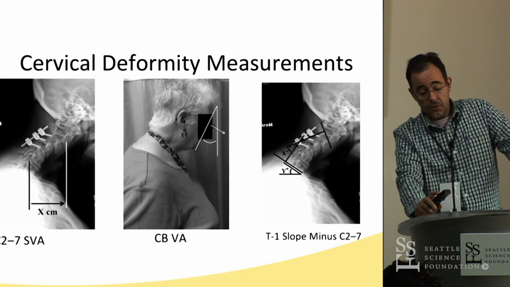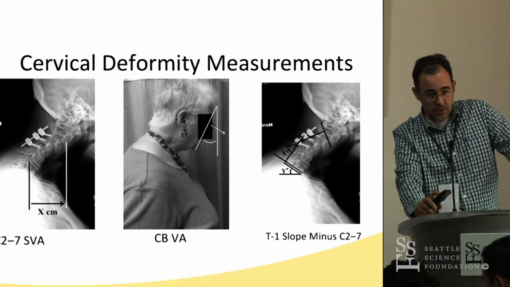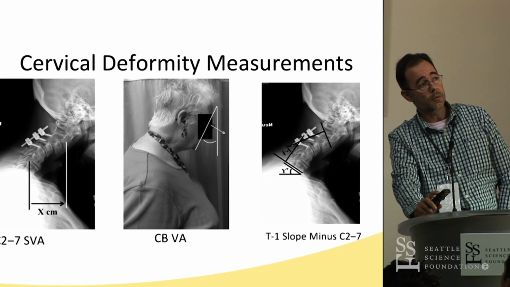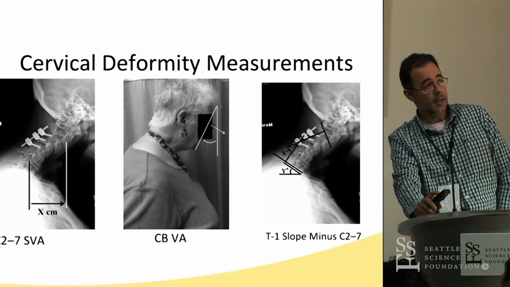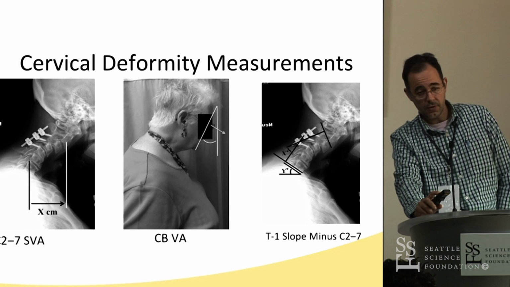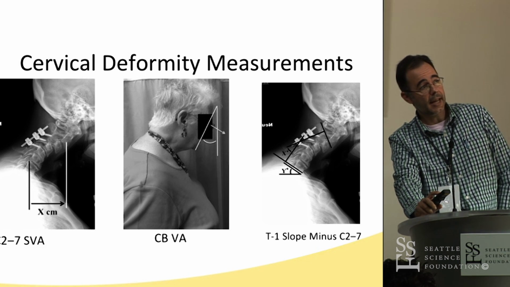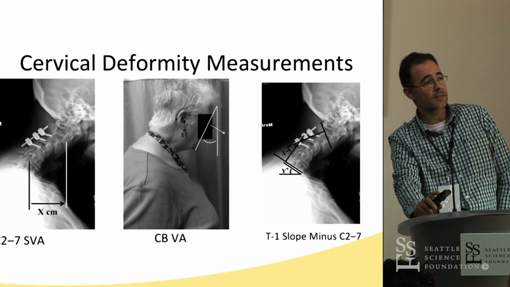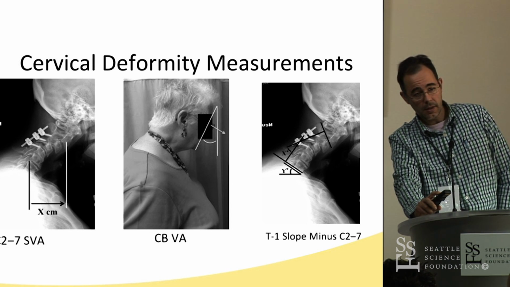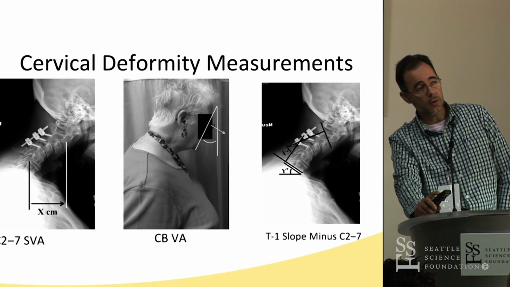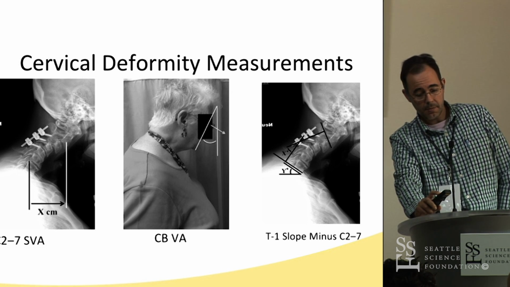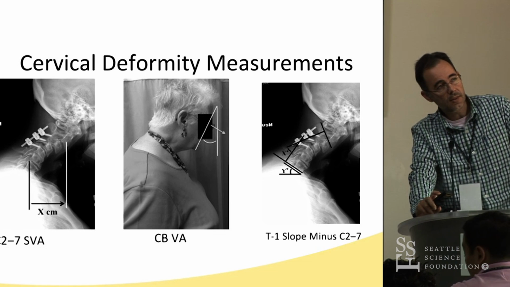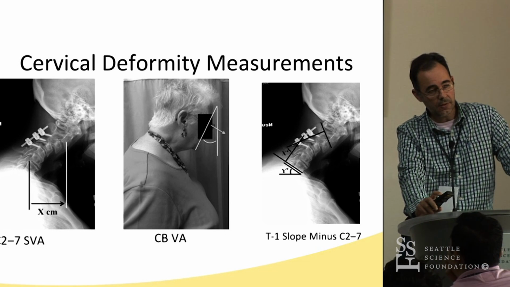So, there's deformity measurements, the same way we look at sagittal balance with the thoracolumbar spine. You can get your cervical C2 to C7 sagittal vertical axis, looking at the distance between C2 and C7 and measuring that distance. The chin brow vertical angle is another measurement, and the T1 slope minus the C2 C7 lordosis, that's another measurement.